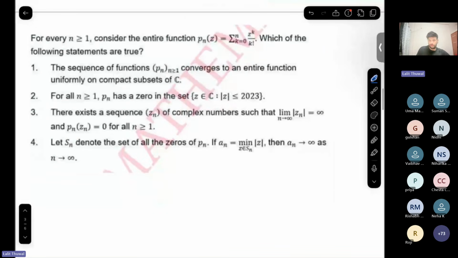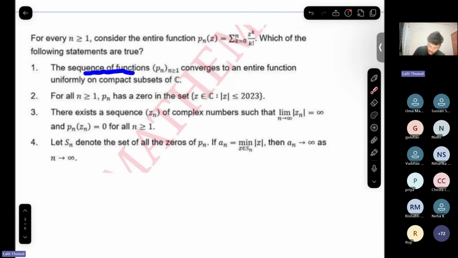So this one, okay, let's read it. It says: for every n greater than or equal to 1, consider the entire function P_n(z) equals the sum from k equals 0 to n of z^k over k factorial. Which one of the following statements are true?